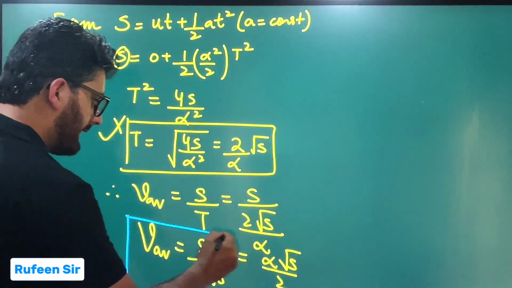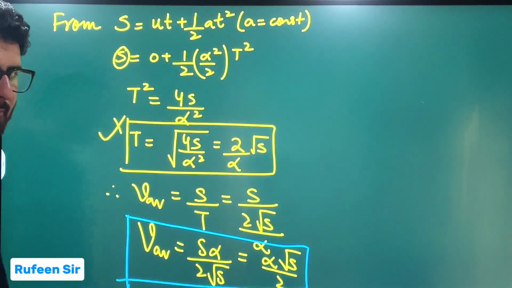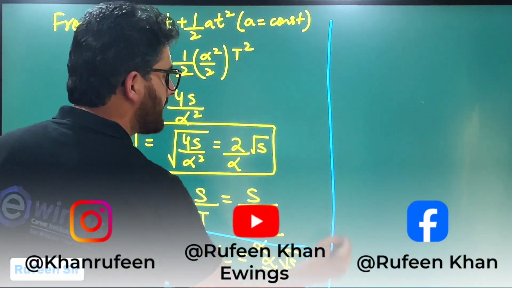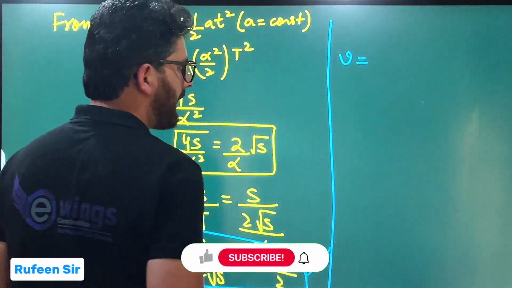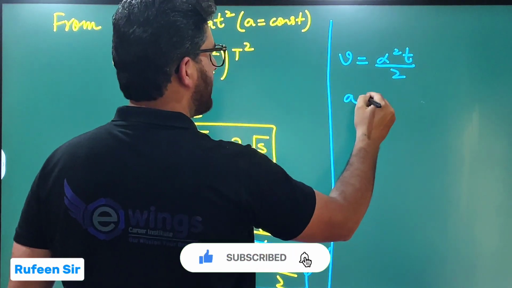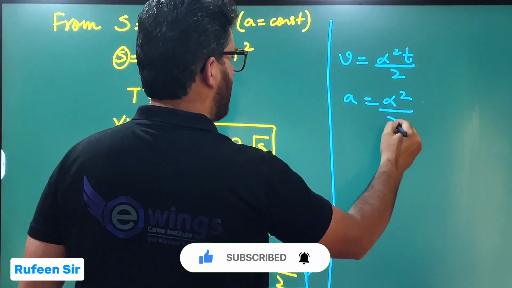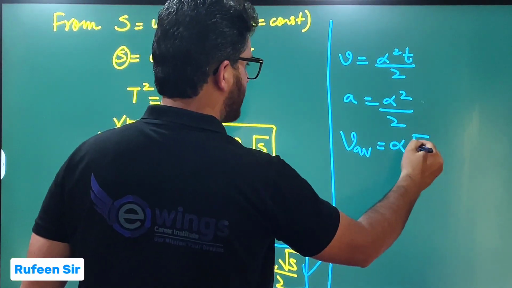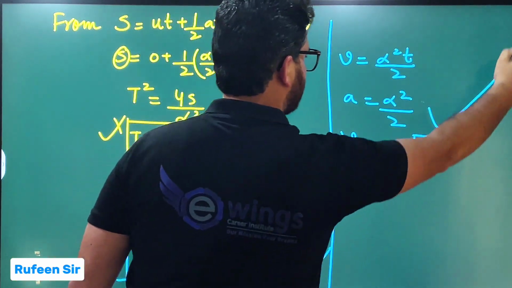This is your average velocity or mean velocity. So your velocity is alpha square t by 2, acceleration is alpha square by 2, and average velocity is alpha root s divided by 2. Done.